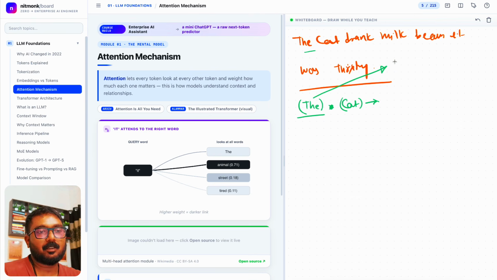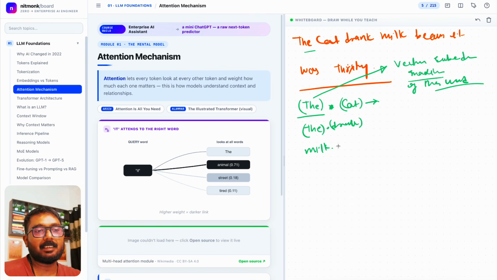These dot products come from the vector embedding matrix of these words. Then "cat", then "drank", for example. There are multiple permutations and combinations that could connect these different words, and all these calculations happen in parallel.